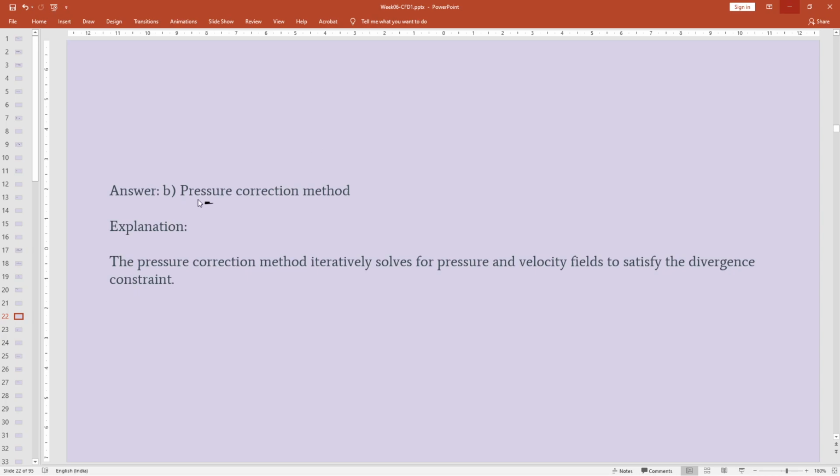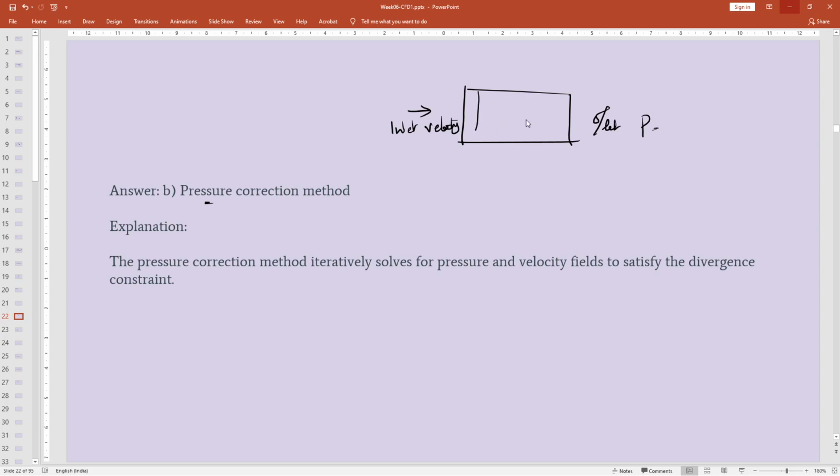Suppose the most common boundary condition for a CFD problem is that we will be giving the inlet boundary condition as velocity, and the outlet boundary condition as pressure. So we need to solve for pressure also inside this domain.